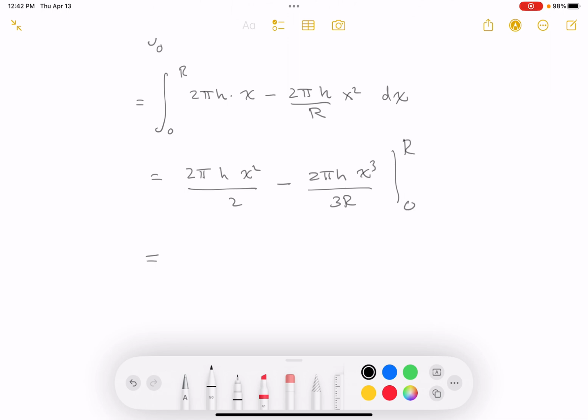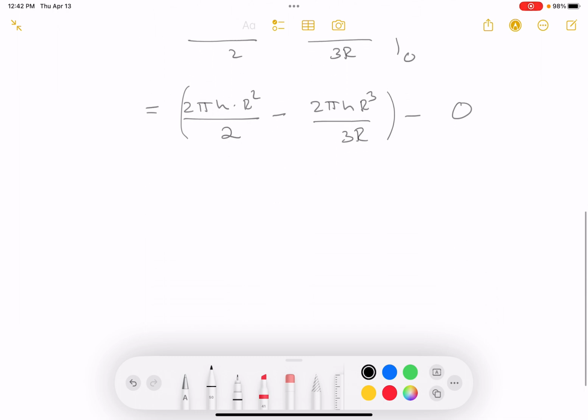Let's plug it in and see what happens. 2 pi h times r squared over 2, minus 2 pi h r cubed over 3r. That's the upper limit. The lower limit, when you plug in x, would just be 0. So I'm going to simplify.